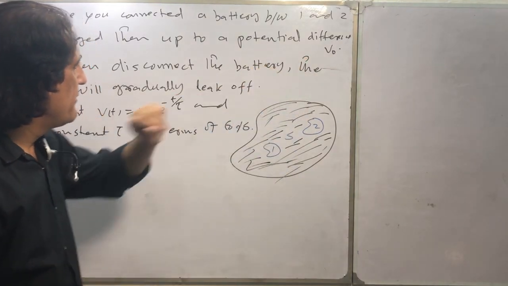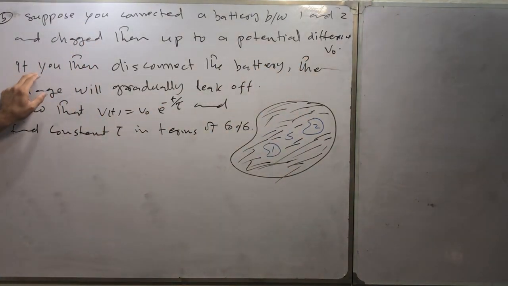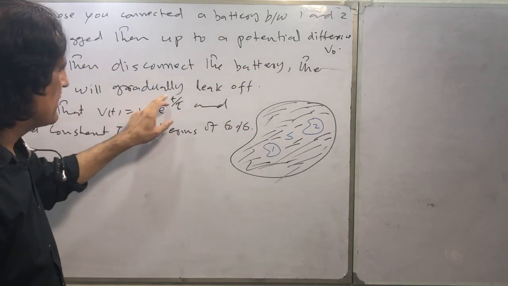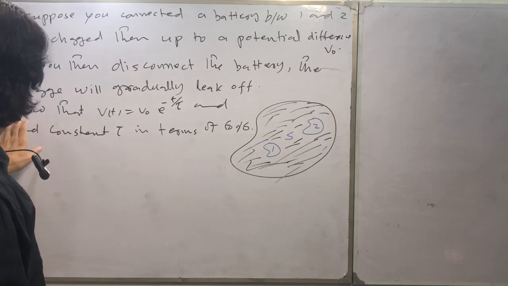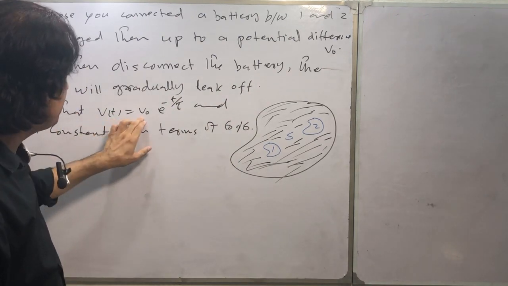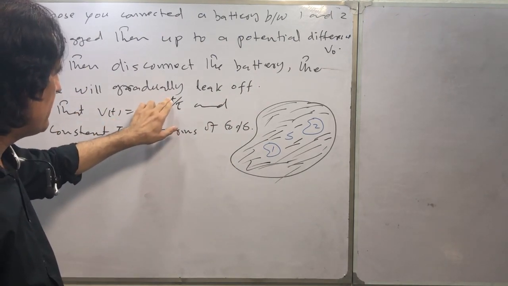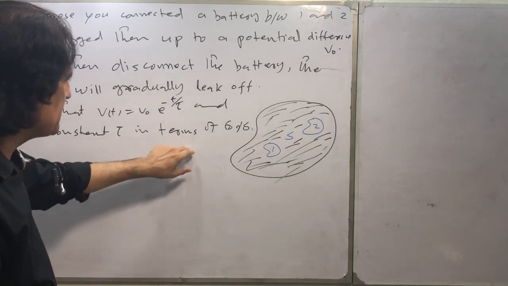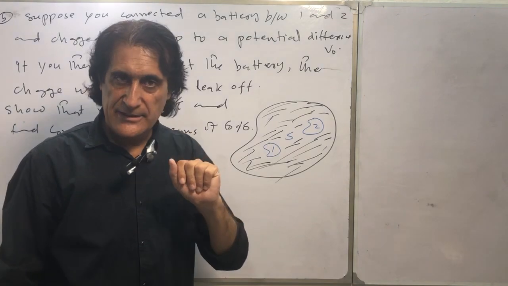If you then disconnect the battery, the charge will gradually leak off. Show that V of t is equal to V naught e to the power minus t divided by tau, and find the constant tau in terms of epsilon naught and sigma.